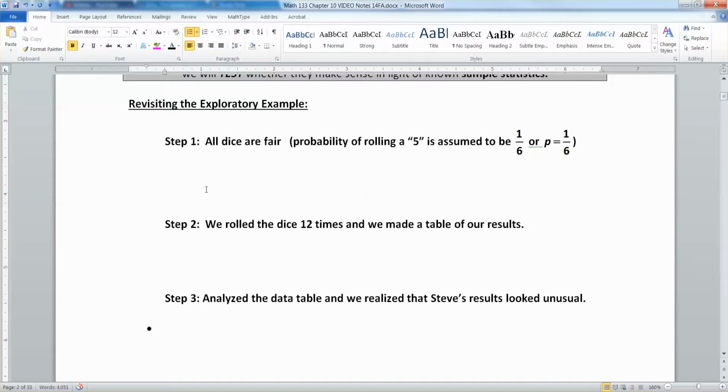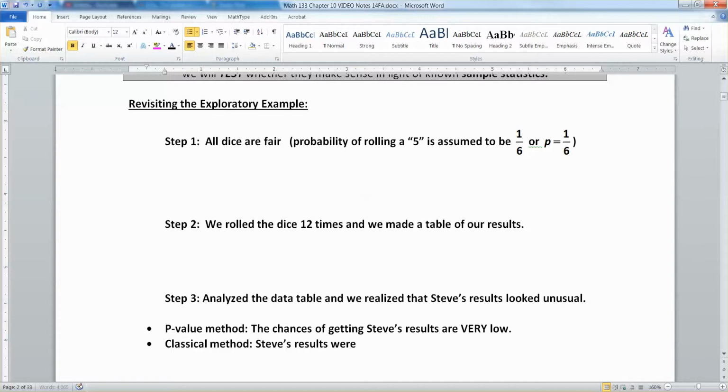So you could know it from the p-value method, which would be the results: the chances of getting Steve's results are very low. Or you can know it from the classical method: Steve's results were far away from the rest of the group and the mean for the data.